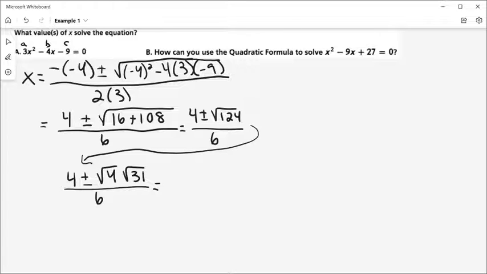Well, the square root of 4 is 2, and then this fraction reduces to 2 plus or minus radical 31 over 6. I'm sorry, oopsie, over 3.